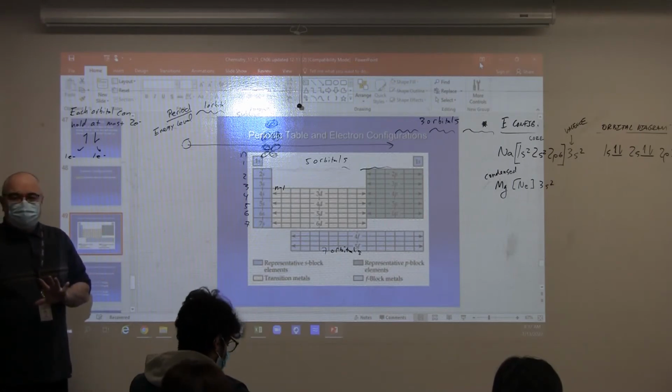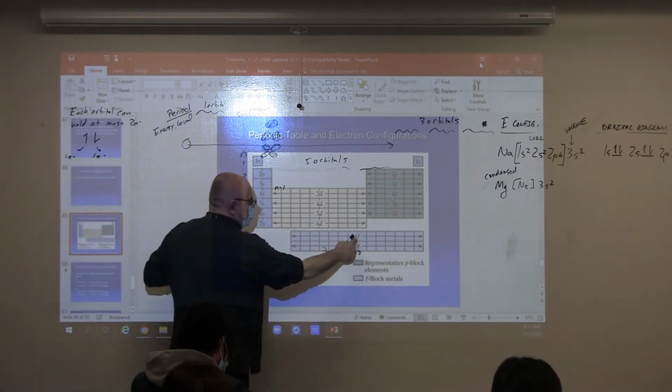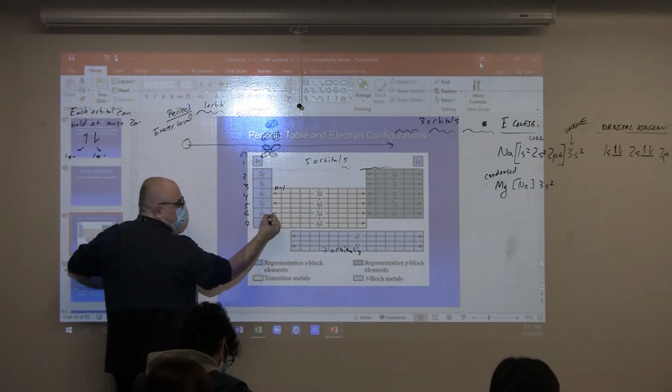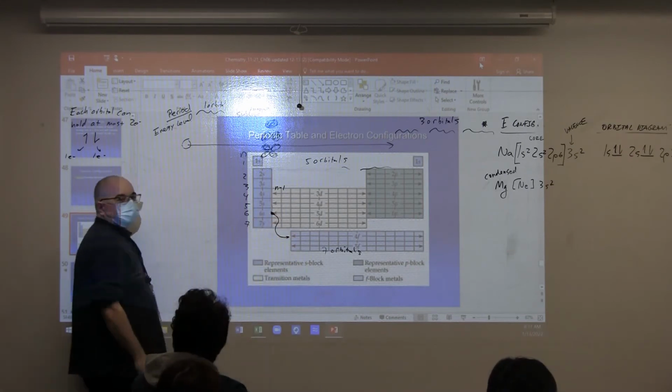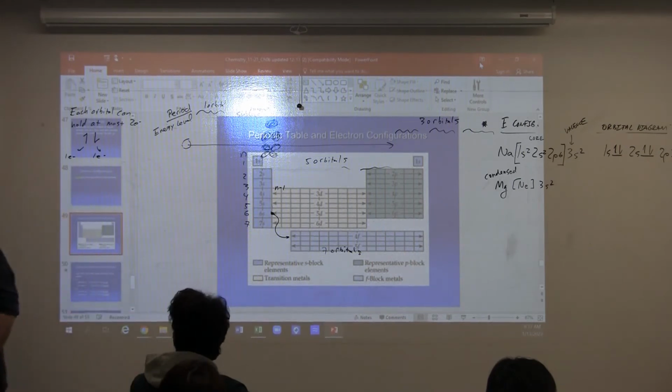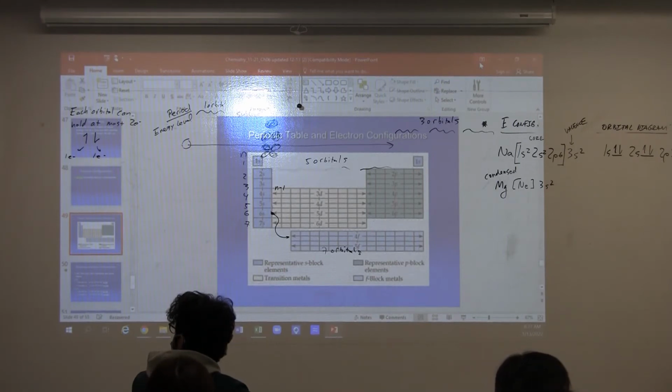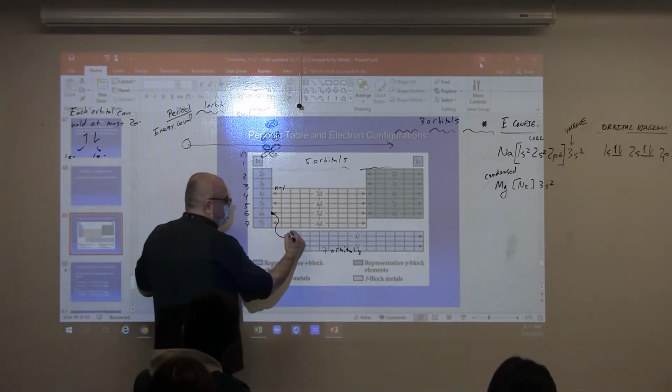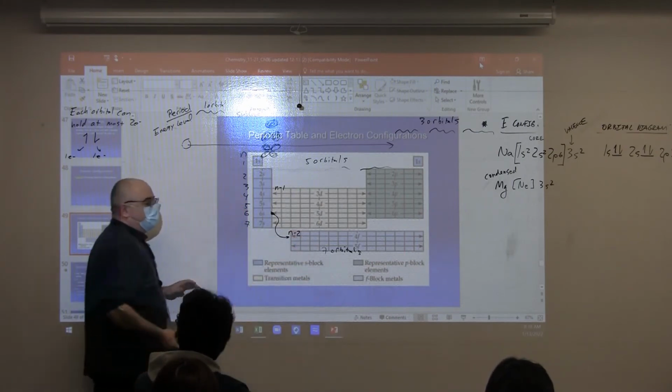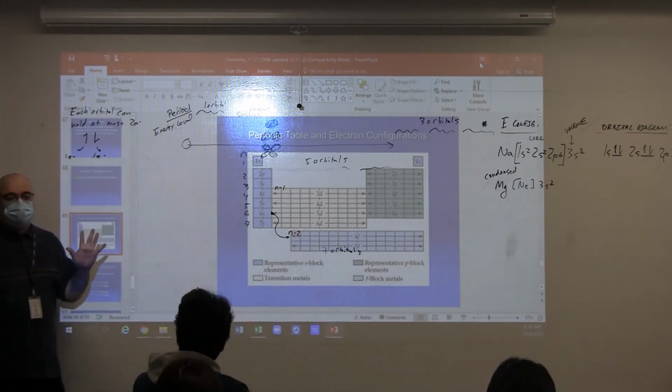And the f orbitals don't start until we get to this position here, where it tells us to move to this spot. If you remember on our periodic table, element 57 tells us to shoot down to the section at the bottom, the f orbitals. This is always going to be 2 energy levels behind. Again, once you see the pattern, it's really not that hard to do.